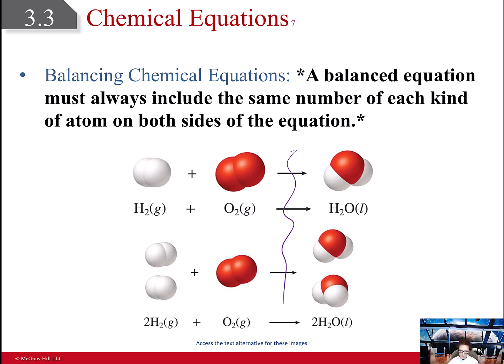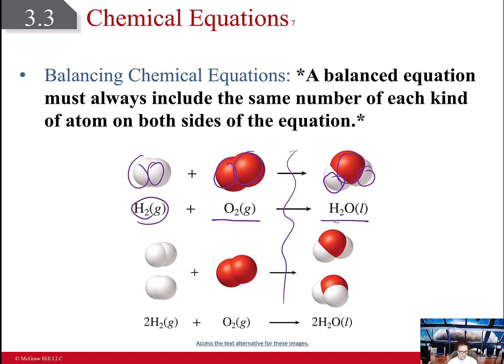And so H2 means that we have one molecule that's got two hydrogens put together. O2 has two oxygens that are attached to each other, and water has an O and two H's, which are attached together. Okay, and so that's the molecular formula.